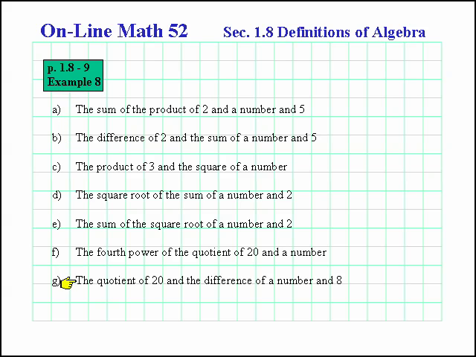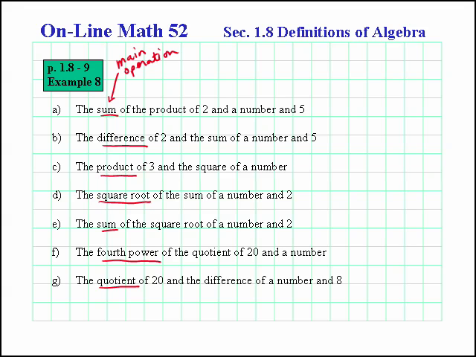What we're asked to do is to translate each of these expressions into algebra. And we've got to recognize here that this very first word, sum, difference, product, square root, sum again, fourth power, quotient, these are the main operation.